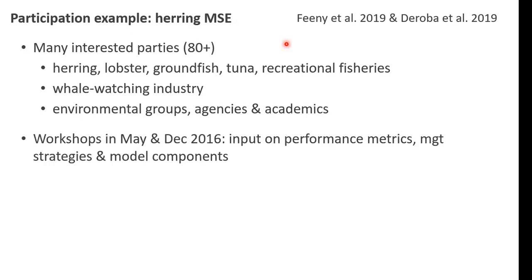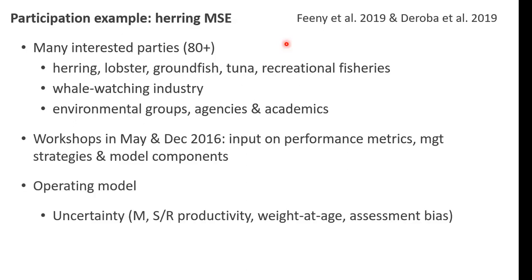And they held workshops in May and December of 2016, where they took input on performance metrics, as well as the management alternatives that they were discussing and the different components of the models.